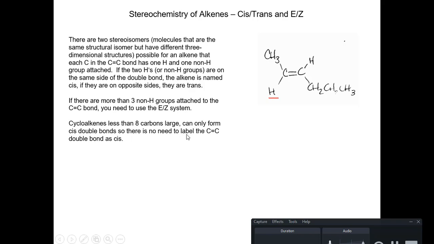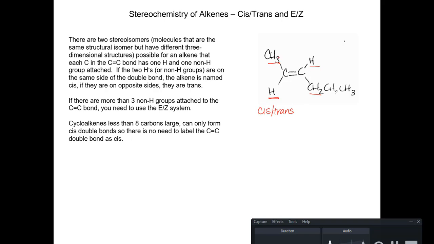So if you recall, in the cis-trans EZ system, if there are two stereoisomers where each carbon in the double bond has one non-hydrogen group and a hydrogen, then we can use the cis-trans system to name it.